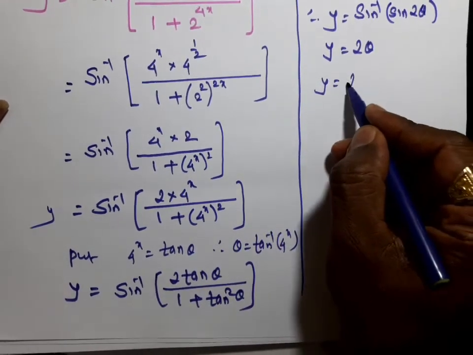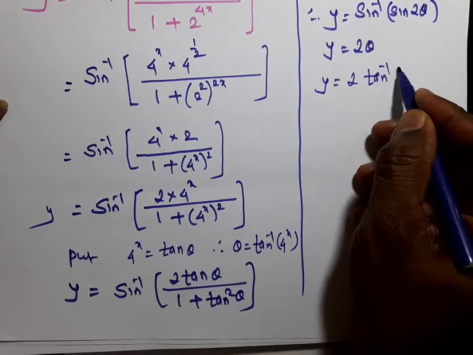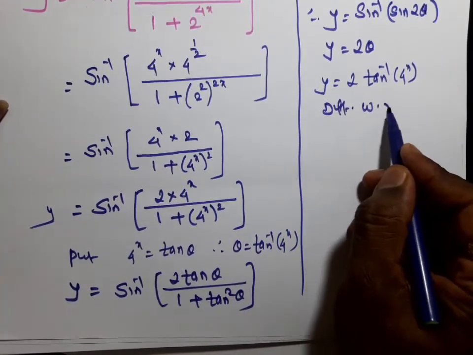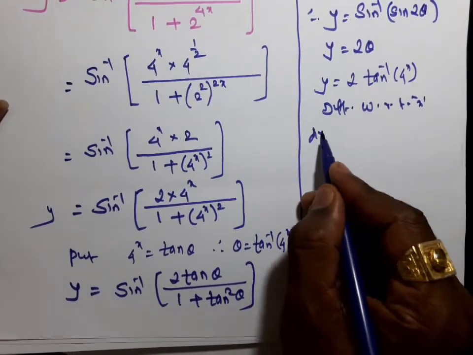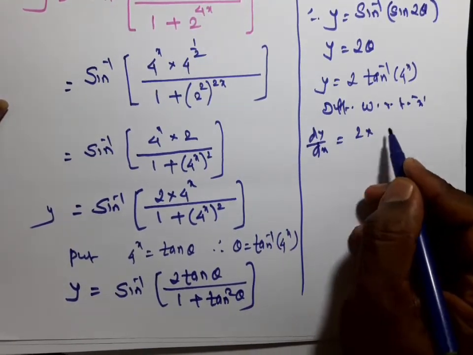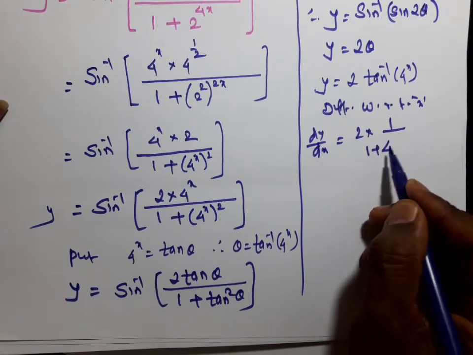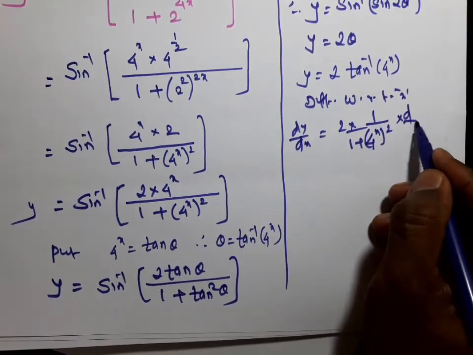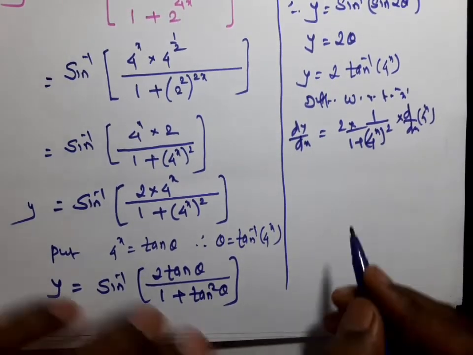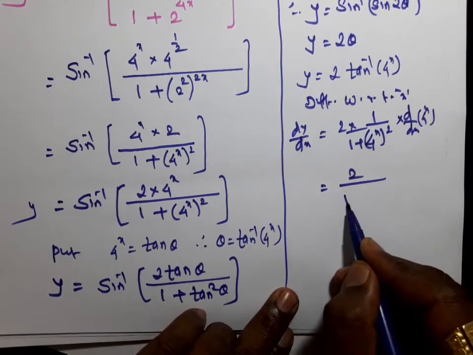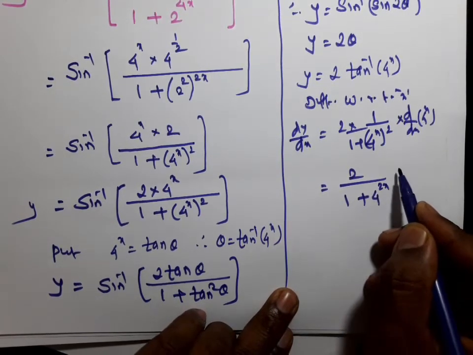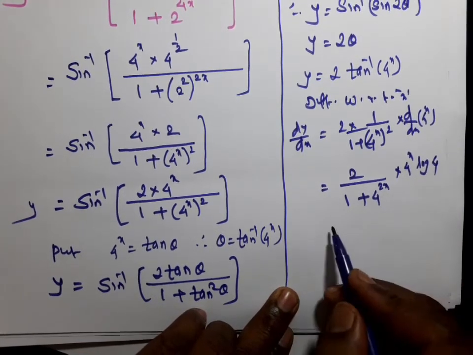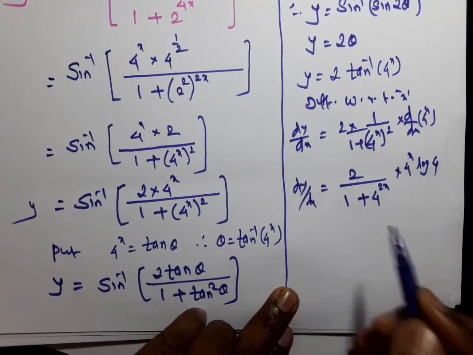But what is theta? It will be tan inverse 4 raised to x. Differentiating with respect to x, we get 2 into 1 upon 1 plus (4 raised to x) square into d by dx of 4 raised to x. That is 2 upon 1 plus 4 raised to 2x, and this is 4 raised to x log 4. This completes the derivative.